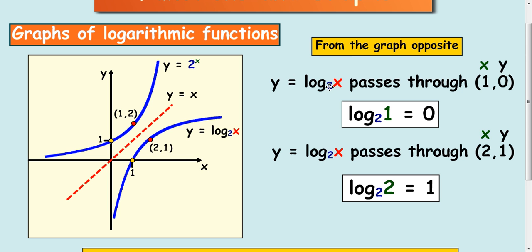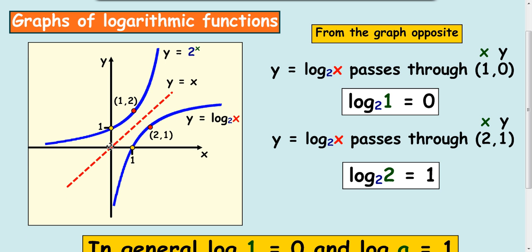Well, it must be 0. If we had a base of 3 here, 3 to the power of what makes 1? Again, it must be 0. So whenever you've got a value of 1 as x, the answer is always going to be 0. If you can't get your head around that, think about the exponential function always going through 0, 1, then the reflection is always going to go through 1, 0 if it's reflecting in y equals x.